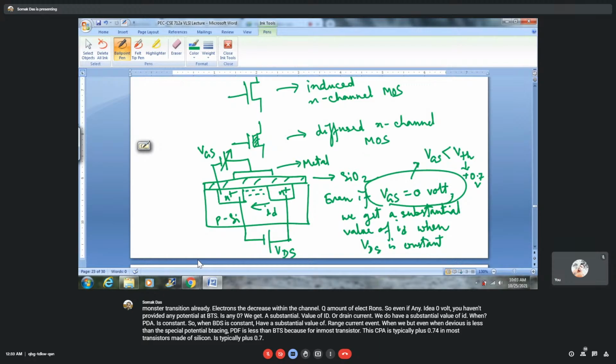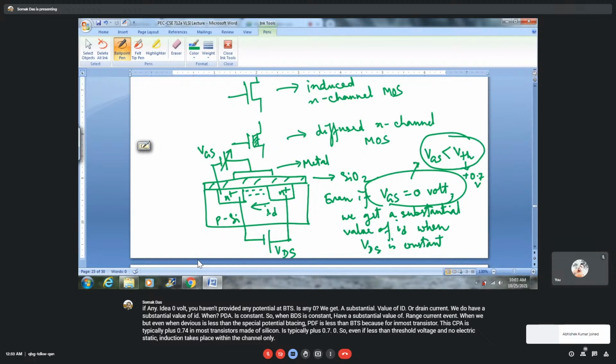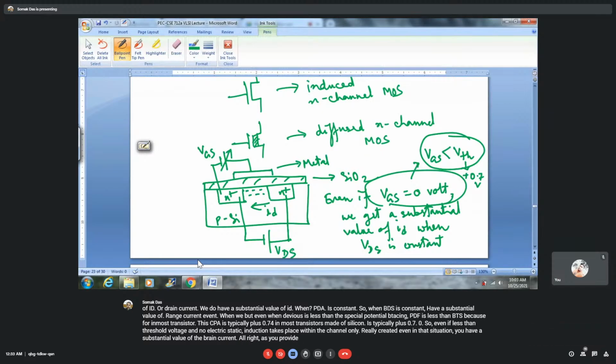So VGS is 0 volt, less than the threshold voltage. Even if VGS is less than the threshold voltage and no electrostatic induction takes place within the channel, no electric field is created, even in that situation you have a substantial value of the drain current, ID, as you provide a drain to source potential. This is the characteristic of a diffused N-channel MOSFET.